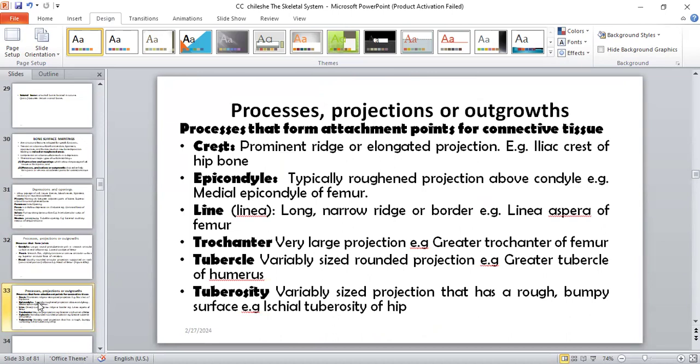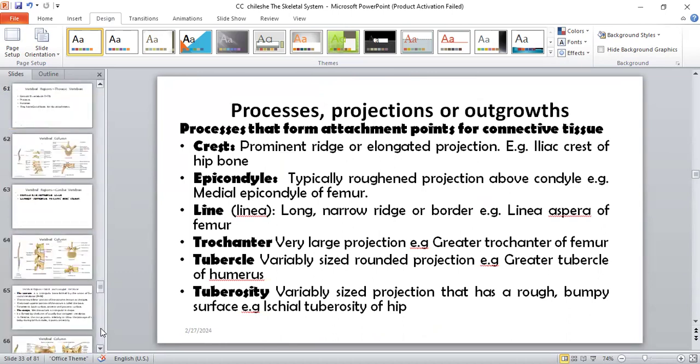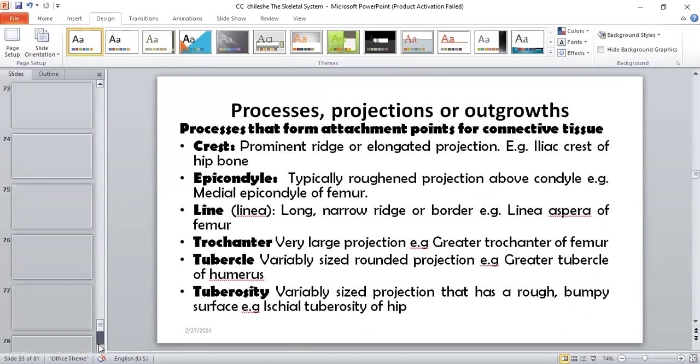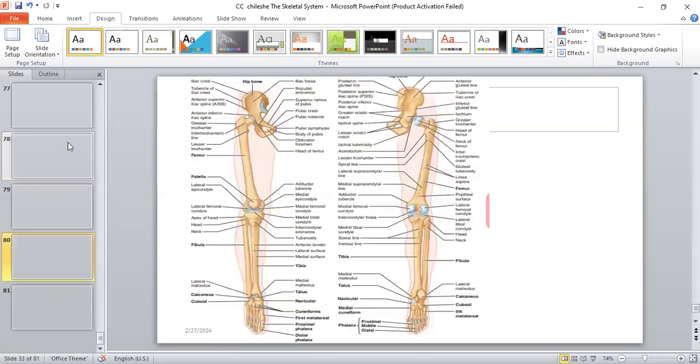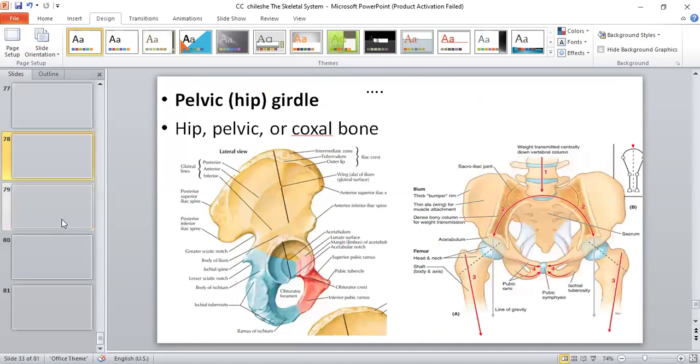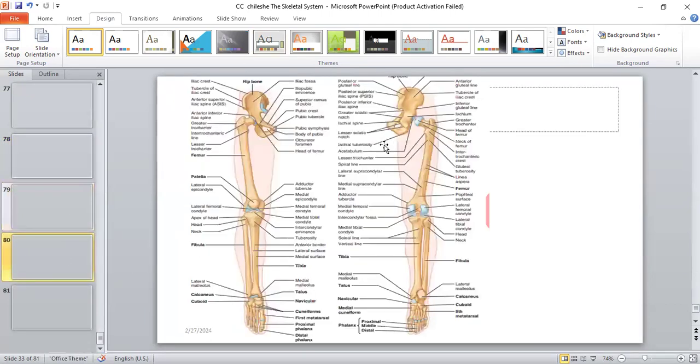And then we have a crest. A crest is a prominent ridge or an elongated projection. For example, when you look at this same diagram here, you will notice that at the top there is that nice projection, which is nice and smooth.